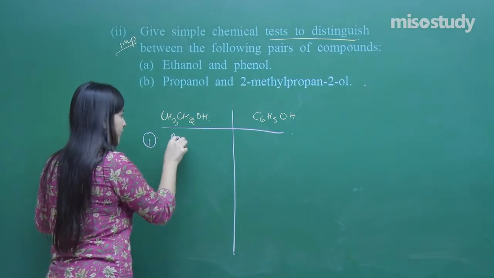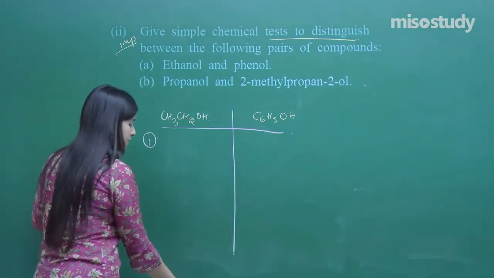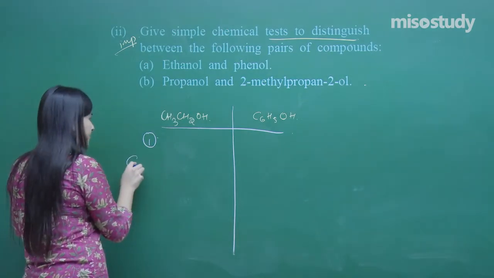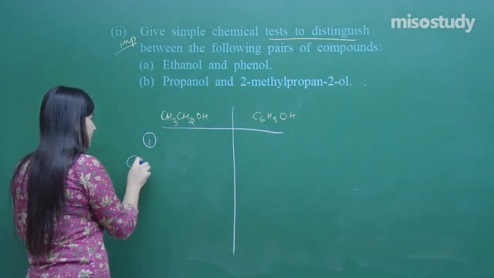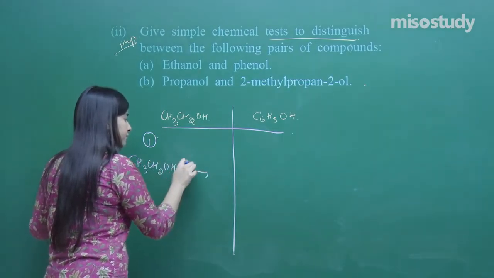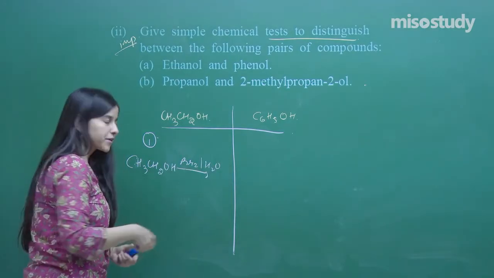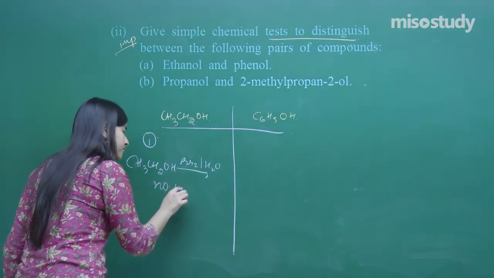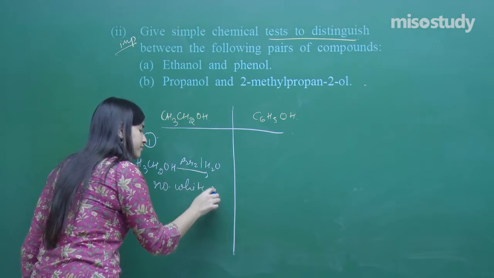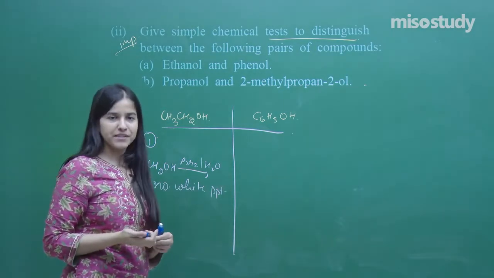First is the bromine water test, Br2/H2O. Don't just go for this heading, try to write down the entire reaction for it. Br2 in the presence of water, white precipitate obtained. Why have I written white precipitate? Because in the case of phenol, it gives a white PPT.